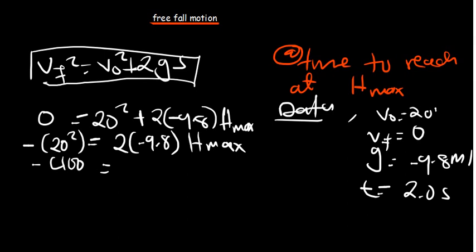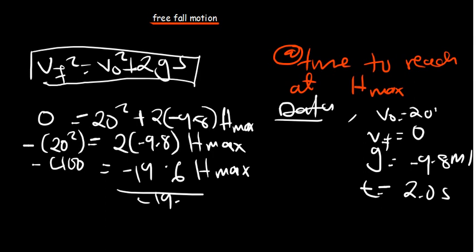Divide both sides by negative 19.6, and I'll have my h max as 400 divided by 19.6. H max is 20.4 meters, and this is my answer. Okay, that's how I can calculate the h max.